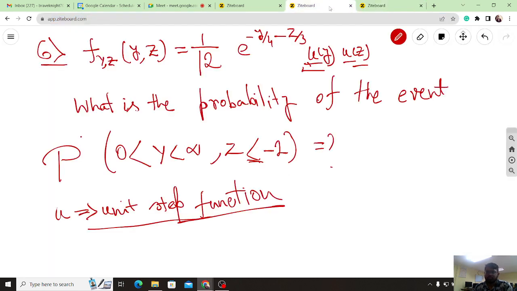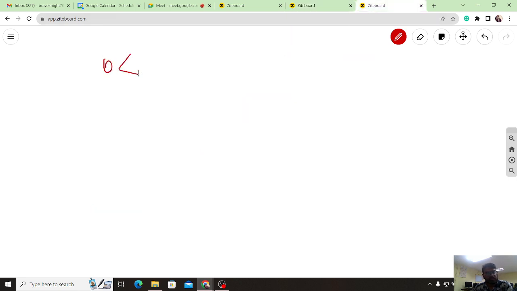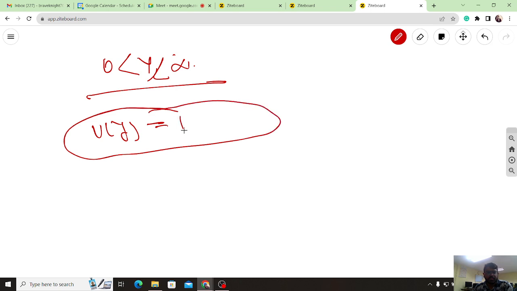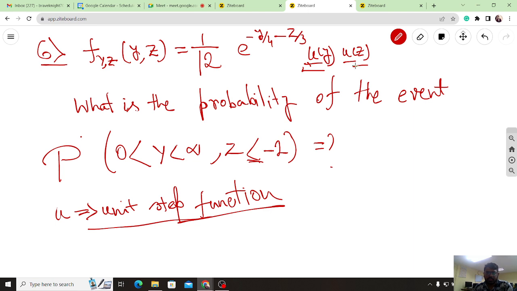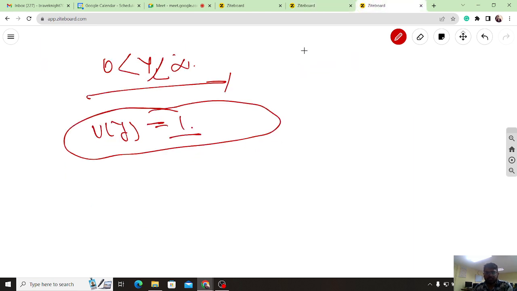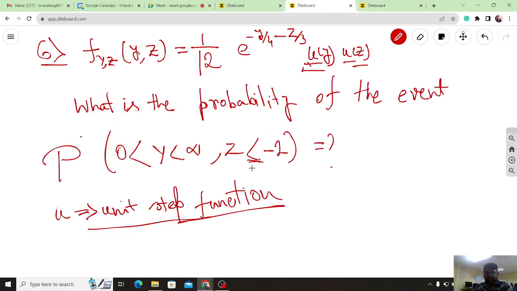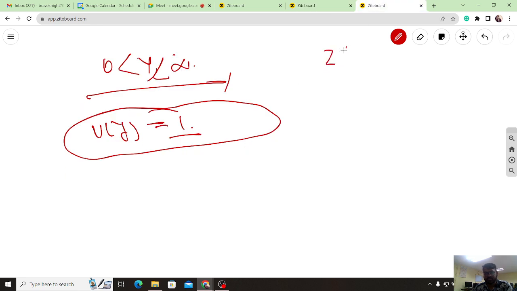Okay. So the event is 0 less than y less than infinite. So in this interval, this value is 1. But u of z, within the interval z less than or equal to minus 2, will be 0.